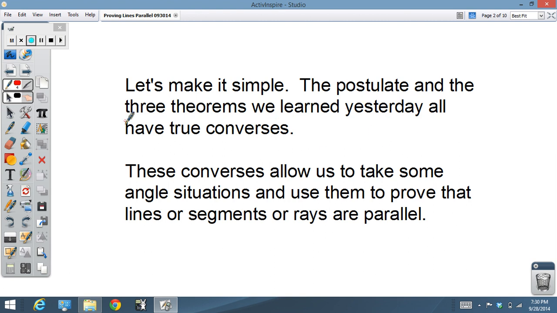So yesterday we learned a postulate and three theorems that said if we have parallel lines, alternate interior, alternate exterior, and corresponding angles are congruent, and same-side interior angles are supplementary. Today, we're just taking their converses and working them backwards.